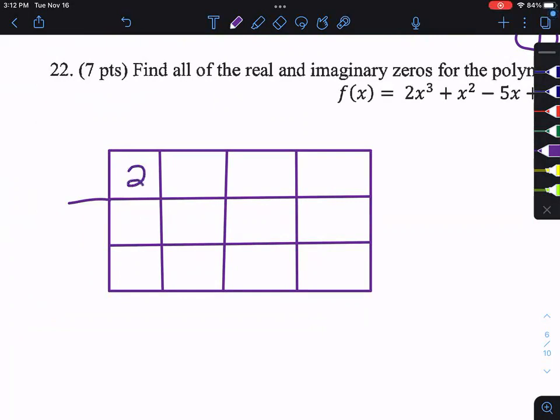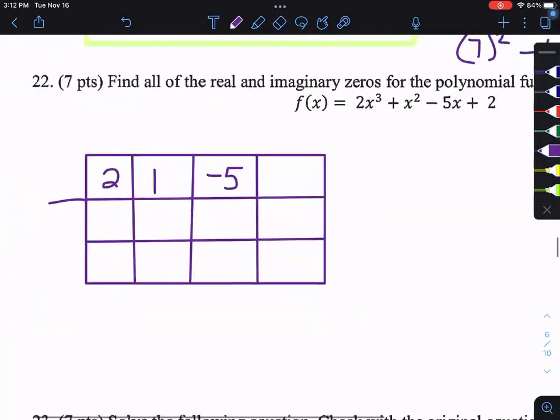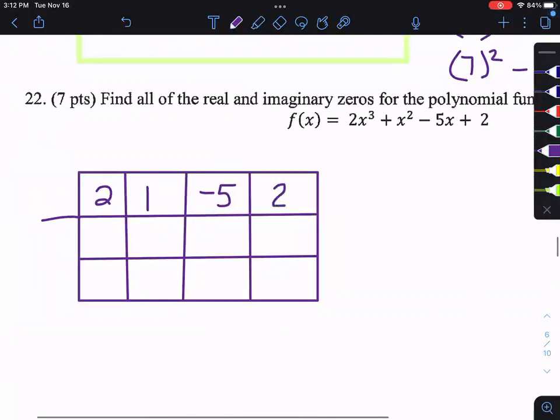I have my coefficients 2, 1, -5, and +2. And then we're going to always try to factor out a -1 or a +1. I'm just going to start with +1, see if it factors out. Promise you on your test, either +1 or -1 will work here.